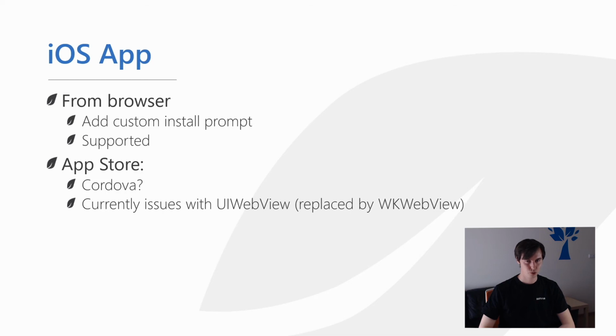The tools and libraries that are used for hosting PWA in Apache Cordova are a bit outdated, so they still use UI web view. There's the component for showing web views in an application. It got replaced by something called WK web view, but this is not currently in a great state in Cordova.